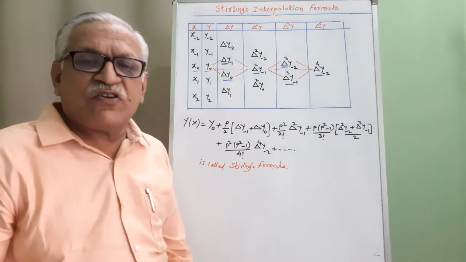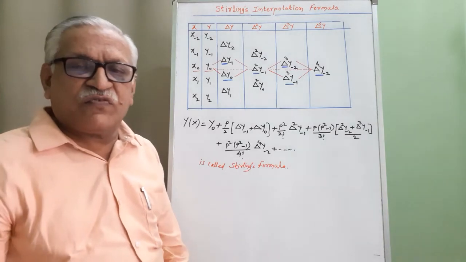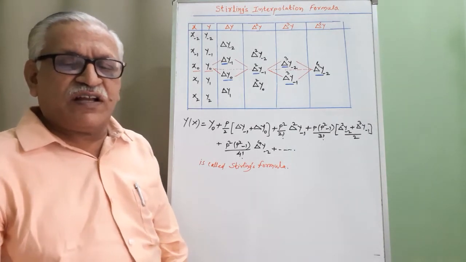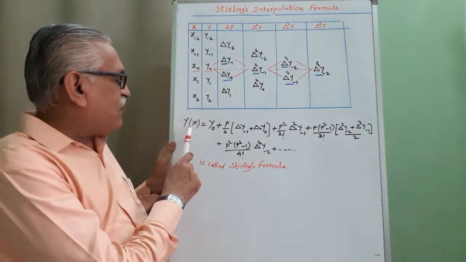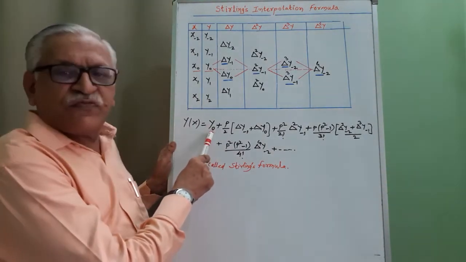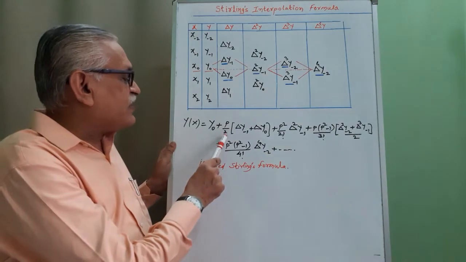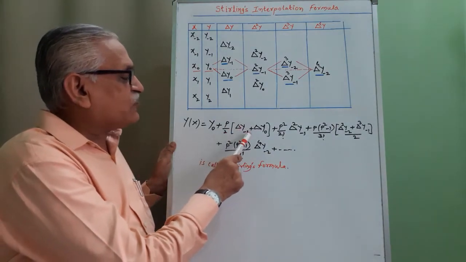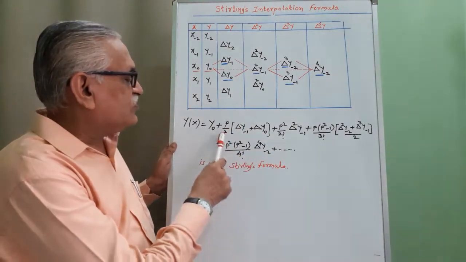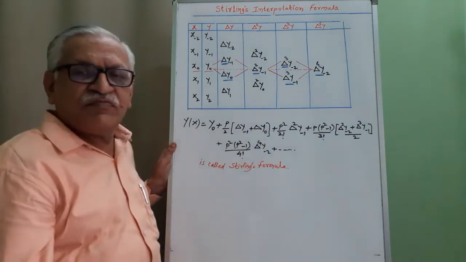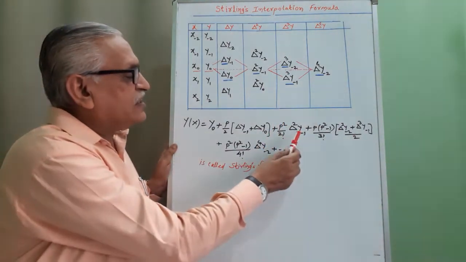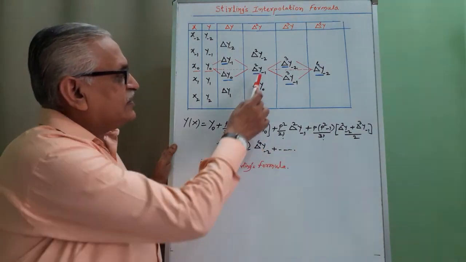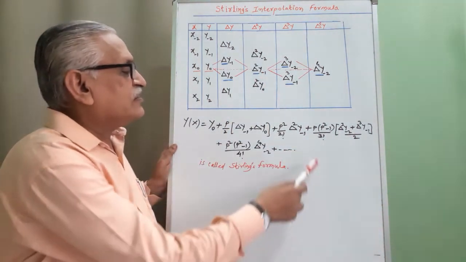Then, taking the average of equation 1 and equation 2, and after simplification, we have a new result. y of x is equal to y0 as the first term, p by 2 into del y minus 1 plus del y0 as the second term. Next is p square by 2 factorial del square y minus 1.